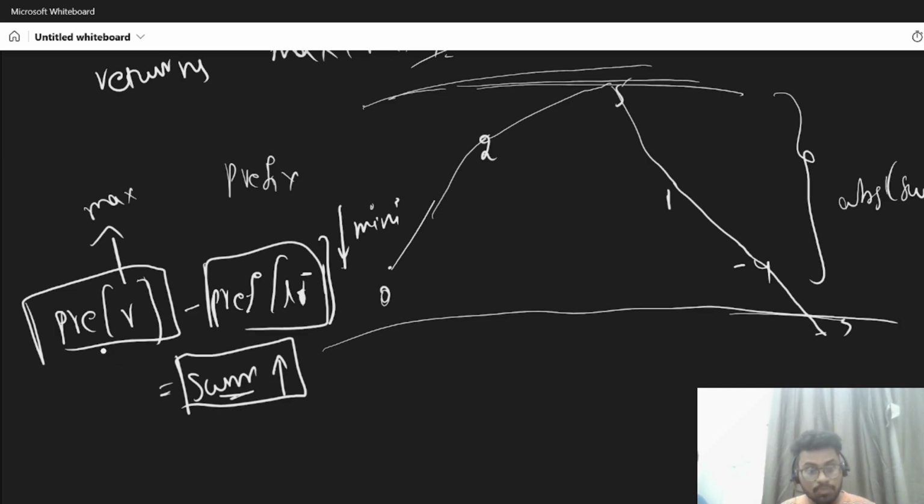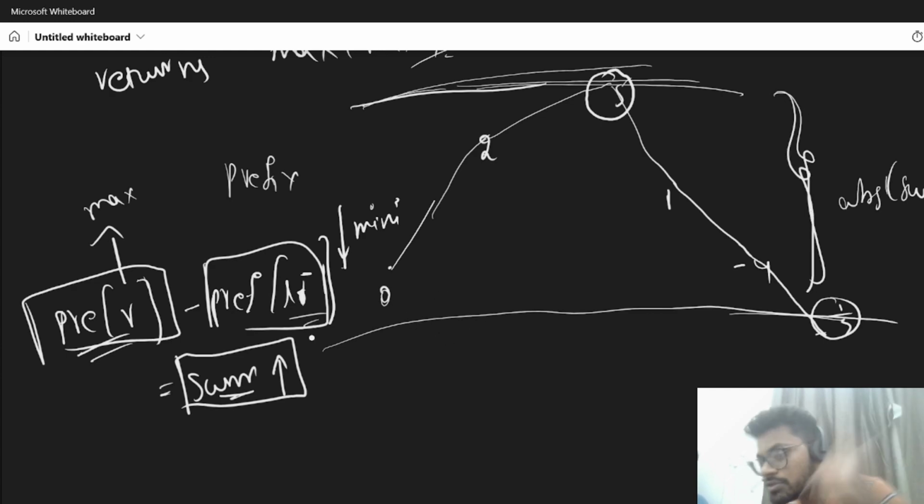So prefix of r should be at the peak of the graph, and this should be as low as the lowest point. If you subtract both the elements, you will get the absolute summation. Did you get my intuition right?